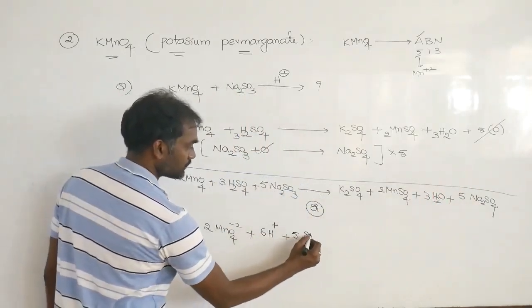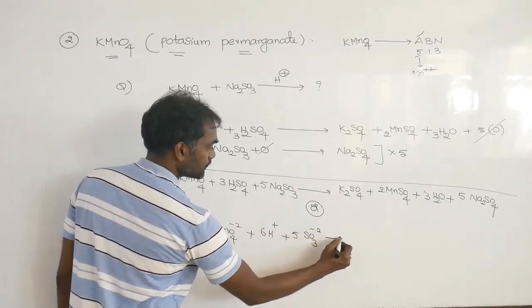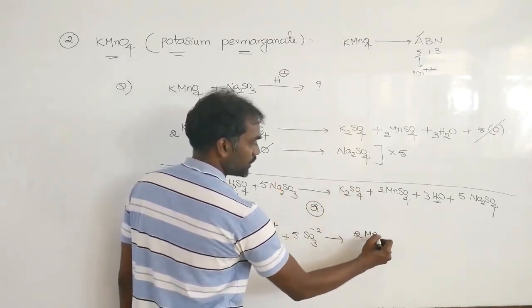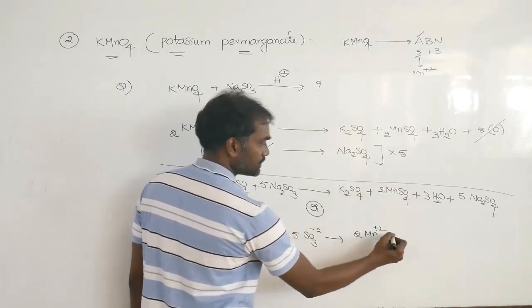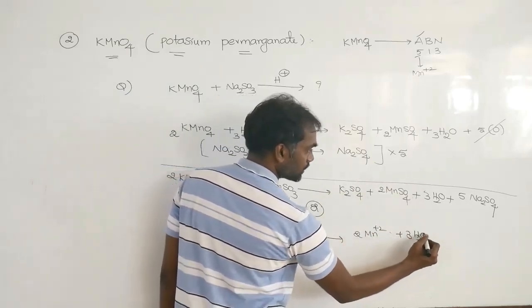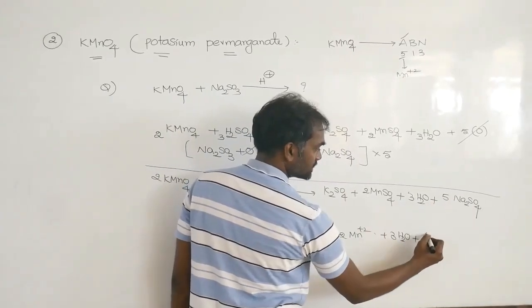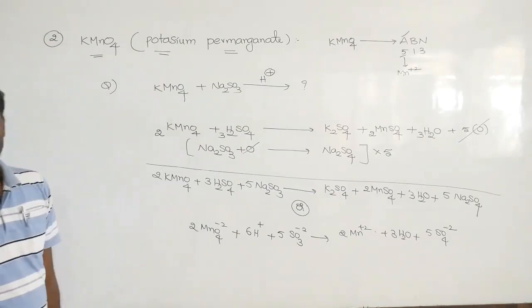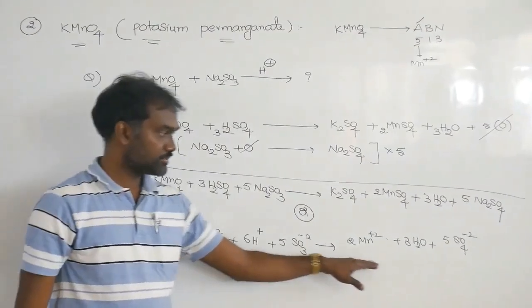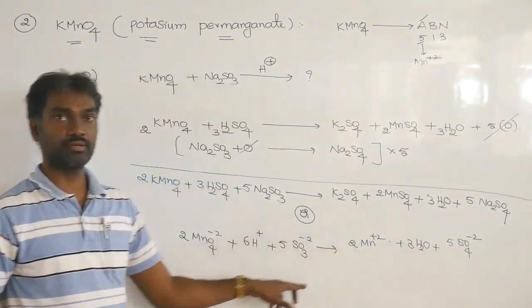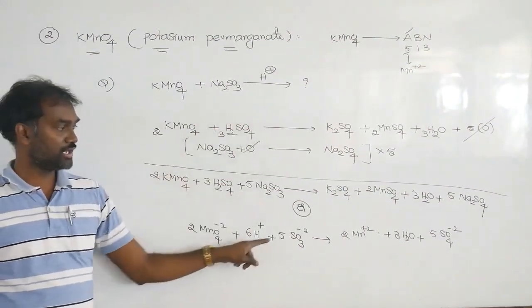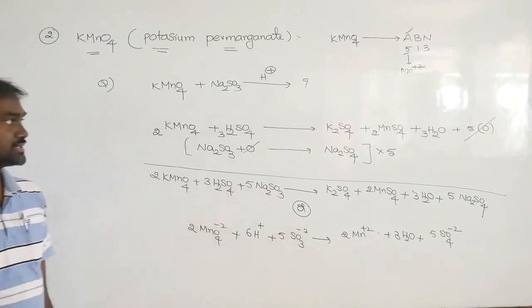So 5 moles of SO3 minus 2 gives rise to 2 Mn plus 2, sulfate cancelled, plus 3 water. Sodiums are cancelled. 5 SO4 minus 2. So in your textbook they provide this much only. How it came, they do not provide. So you must do it like this, then only you can do it. That is important.